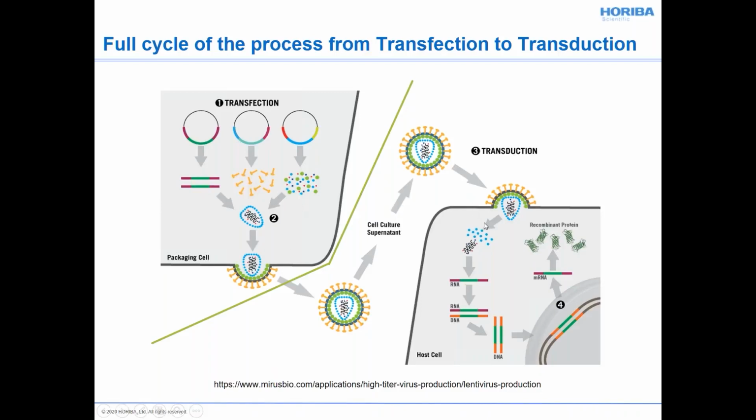And then we introduce it to some host cell where the viral RNA then forms DNA strands to be incorporated into the host cell. So now you can see that this is really a tool for introducing DNA into host cells that might be missing some critical piece of DNA. And that's really where the interest in lentivirus is.